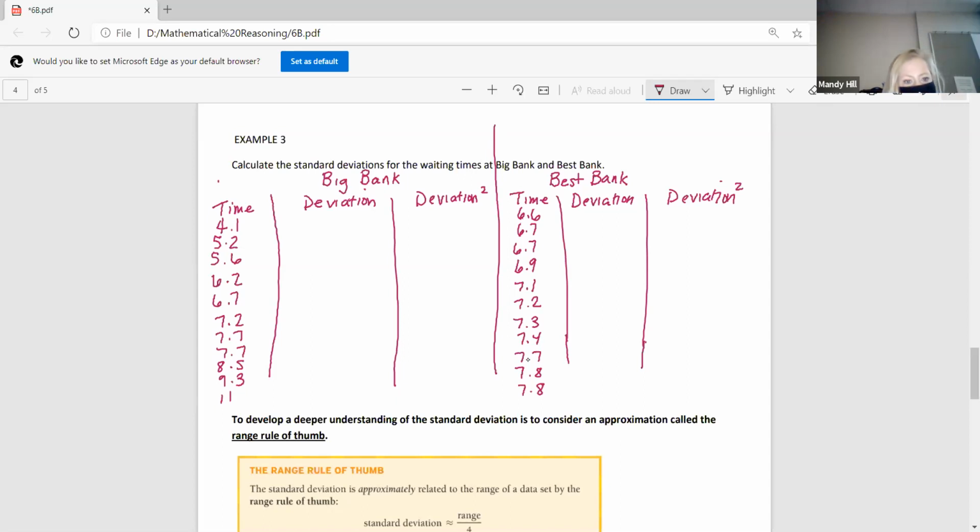To find the deviation, you need to take the time minus the mean. We already found out the mean was 7.2 for Big Bank and Best Bank, but the deviation is just the time minus the mean. So 4.1 minus 7.2.